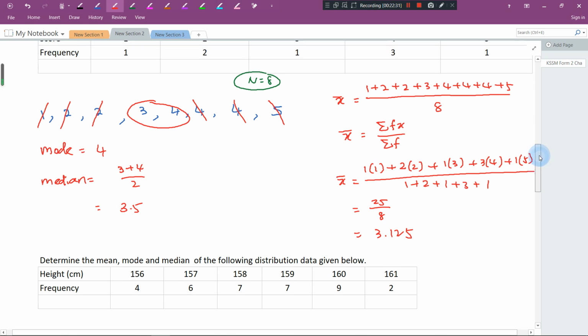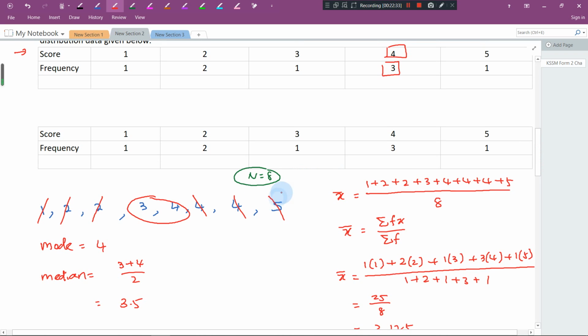So how about if we do not write all the data in this way? How to get the answer directly from the frequency table? So I will encourage you to add one more row and write position. Okay, we want to get the position of the data.